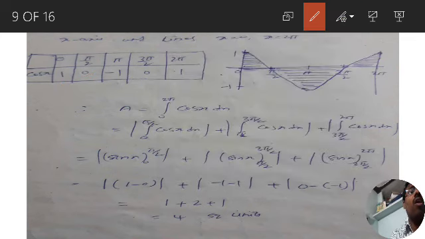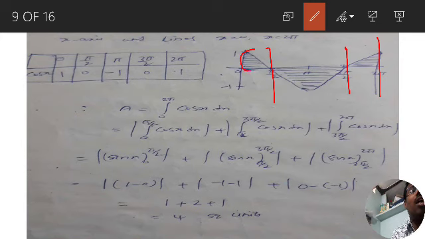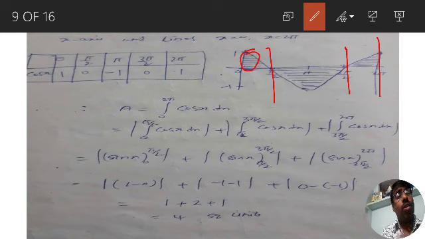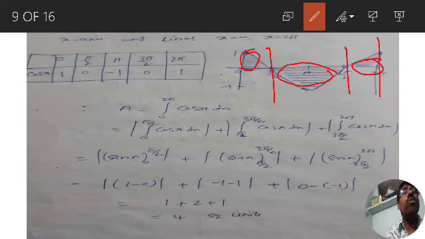This is what we are dividing. So 0 to 2 pi can be written as 0 to pi by 2 plus pi by 2 to 3 pi by 2 plus 3 pi by 2 to 2 pi. Are you getting?